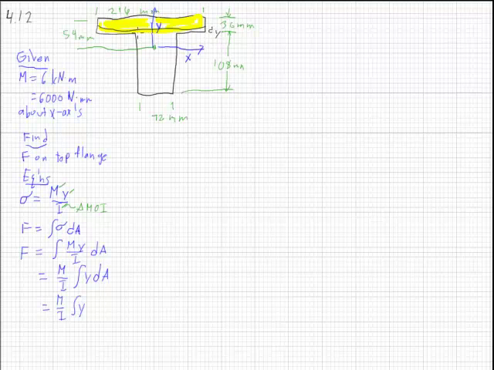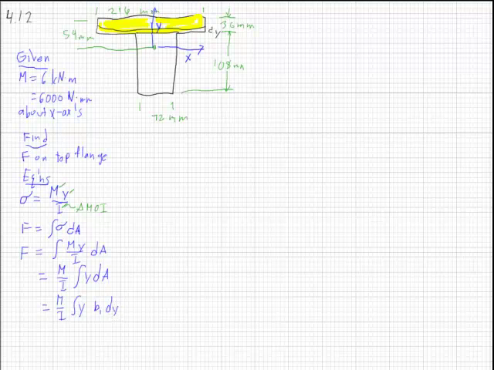That thin section of dy will always be multiplied by the constant of 216 millimeters, which we'll refer to as the base of the top section. So base 1 times dy.